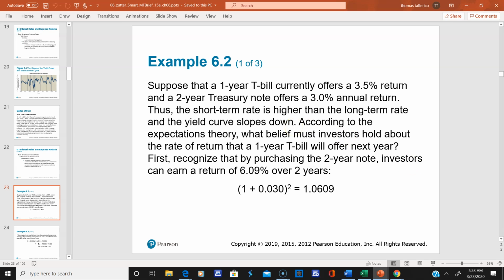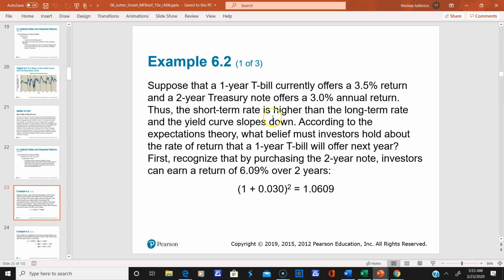So I'll go over this example. Suppose that a 1-year T-bill currently offers a 3.5% return and a 2-year Treasury note offers a 3% return. Thus, the short-term rate is higher than the long-term rate and the yield curve is inverted.